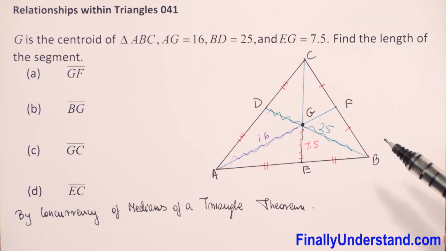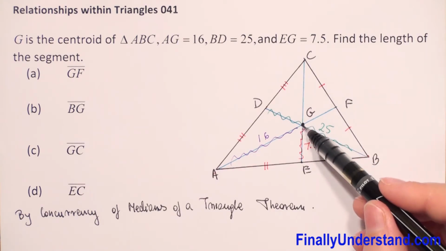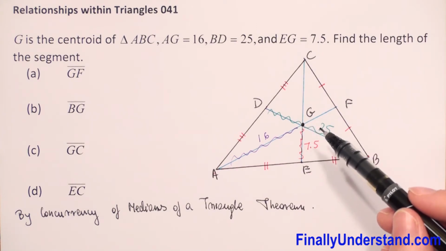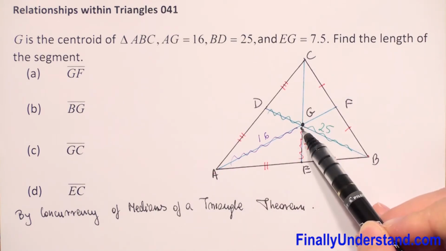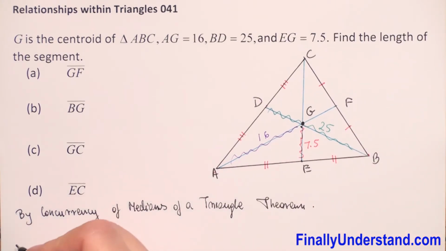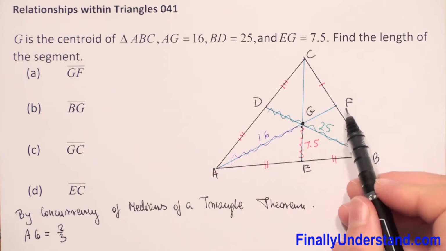The medians of triangle ABC meet at point G, and this theorem tells us that AG is equal to 2/3 of AF. So we have first equation, AG is equal to 2/3 of AF.